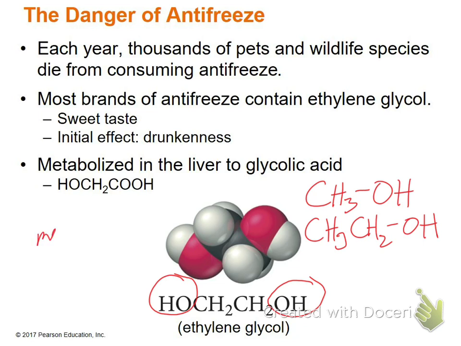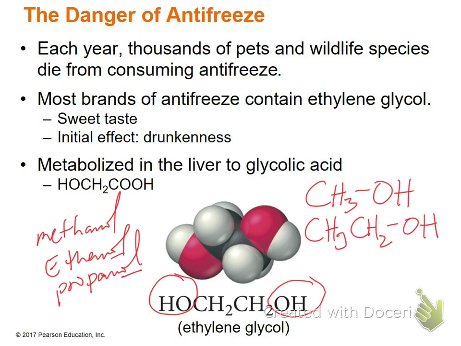So we have methanol, ethanol, propanol, and so on and so forth. So they all end in OL. Similarly, ethylene glycol ends in OL, and so this is how you name alcohols. So you'll learn all of that in chapter 21, which is organic chemistry.